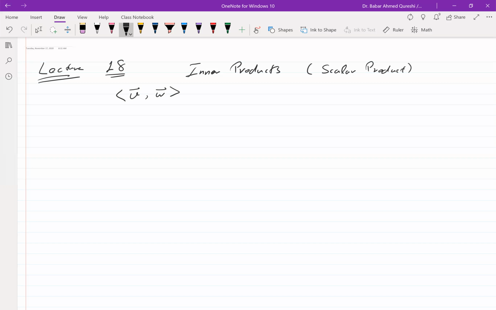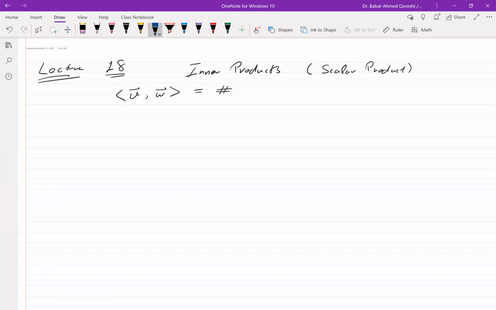So when I write these curly brackets, that means now I'm dealing with a number. With every two vectors, you associate a number, and that's a scalar product if it satisfies the properties which we wrote last time.